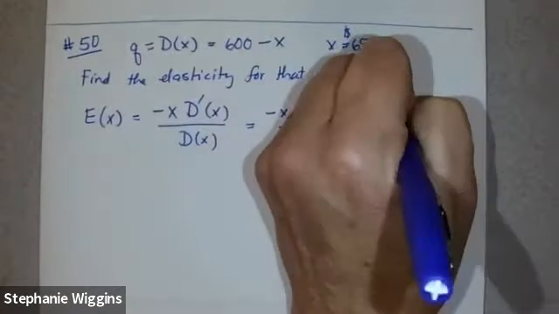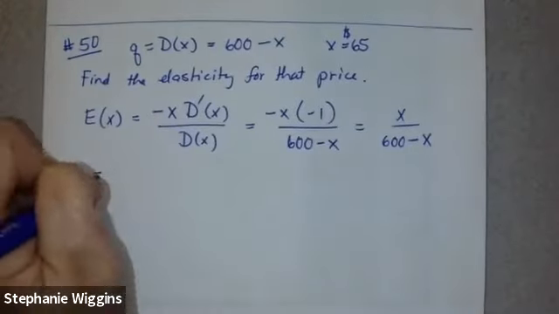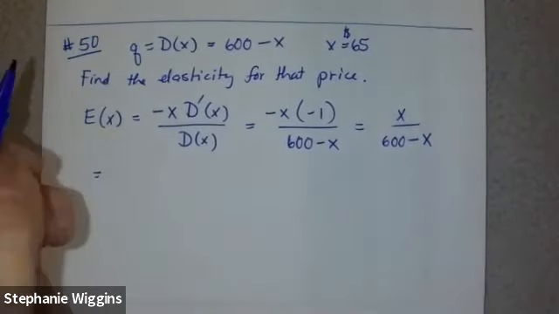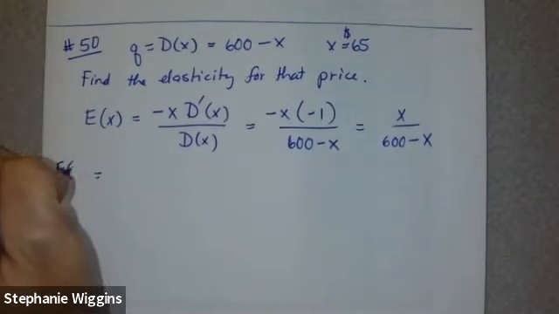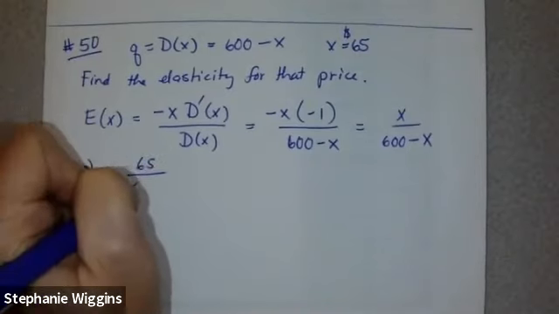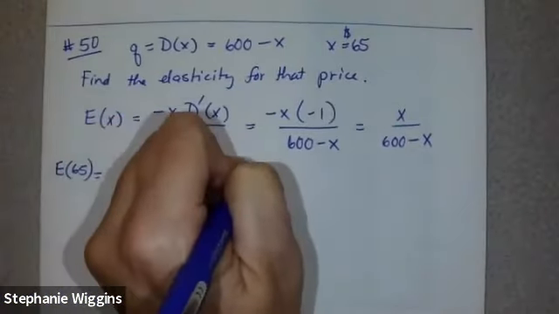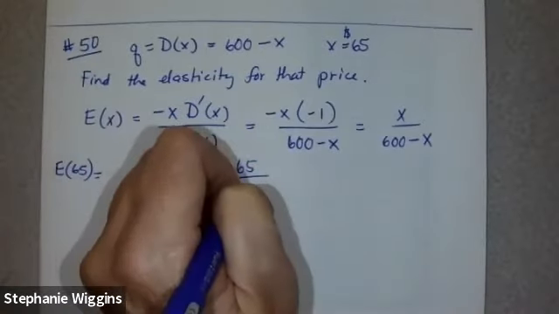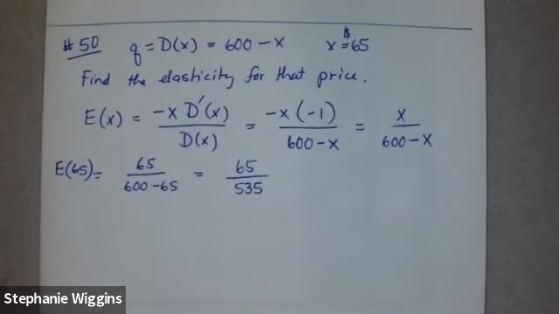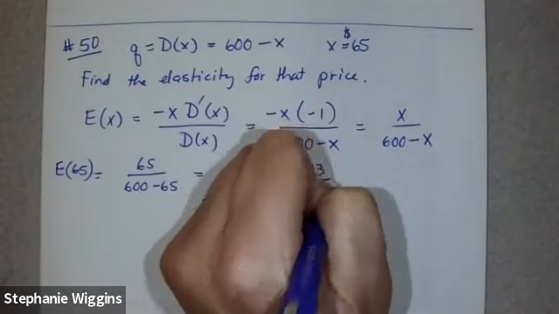And so you got x over 600 minus x. And so when you plug in the 65, you get 65 over 600 minus 65, which is going to be 65 over 535. And you can simplify that by dividing out by 5. So it's going to be 13 divided by 107.